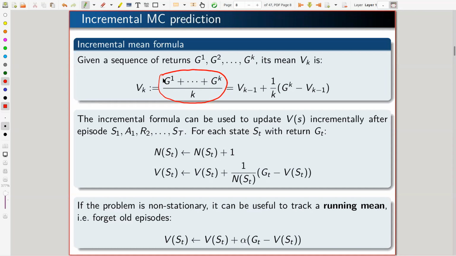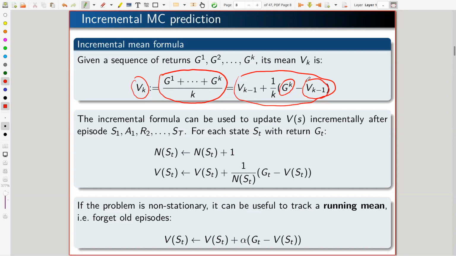Okay, if these are the returns of the episodes, the empirical mean is this one. Well, there is a recursive formula for the empirical mean, which is this one, that gives you the last value of the estimate just using the last result and the previous value of the estimate.